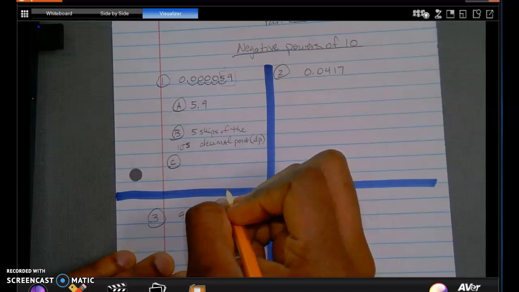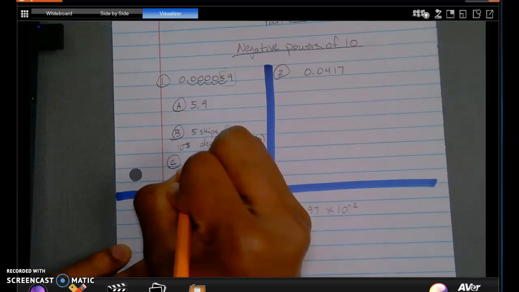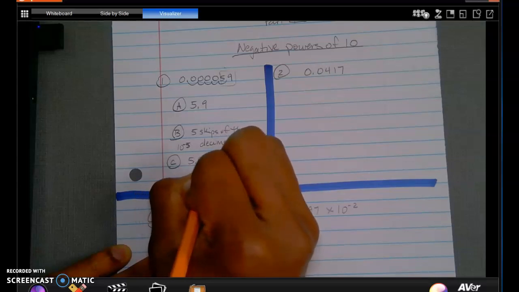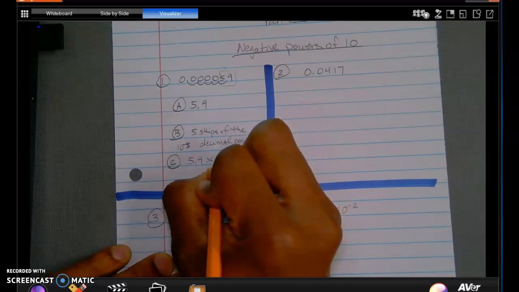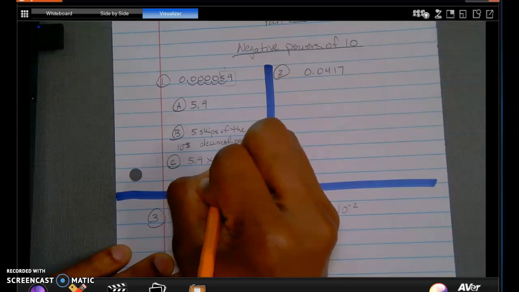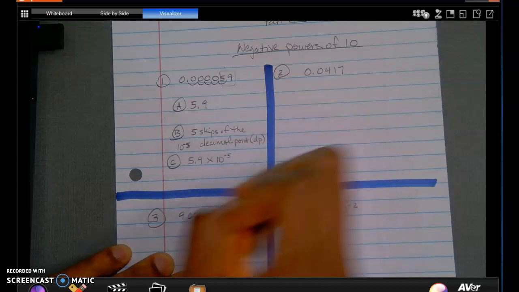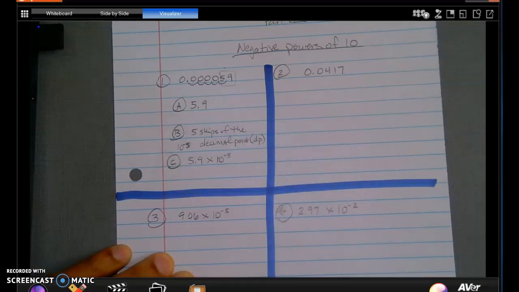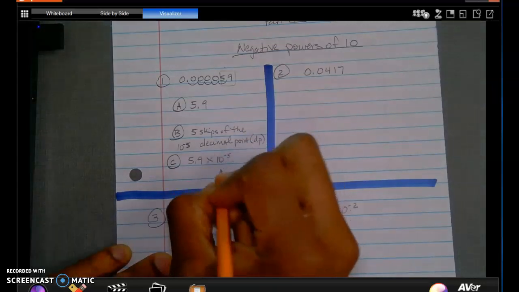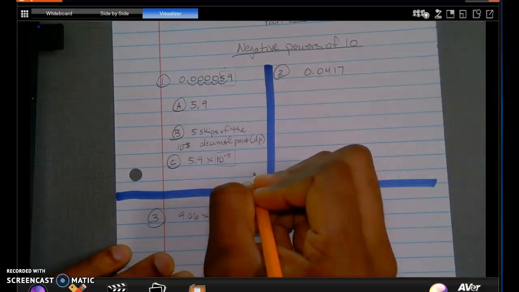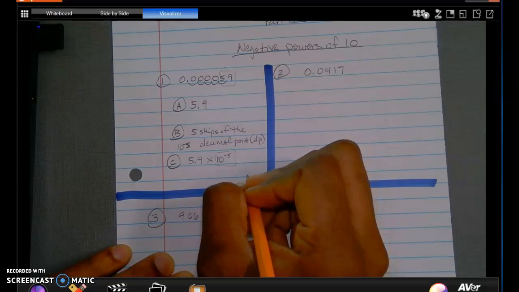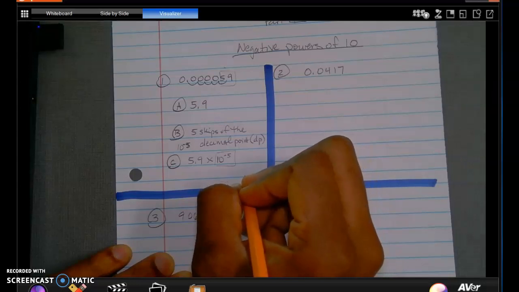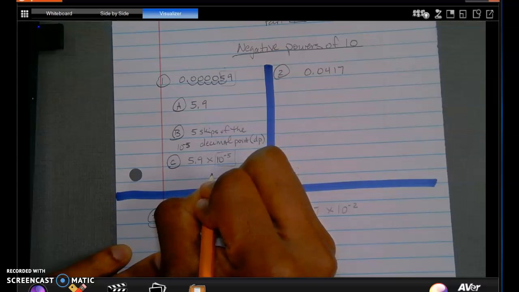Okay, negative power of 10. So I'm going to put them together using my coefficient first, multiplying that by my power of 10, that is negative 5. Okay, so in this particular case, my power of 10, to the negative 5 power, is going to be a super small number.